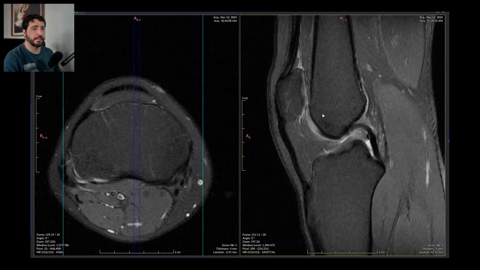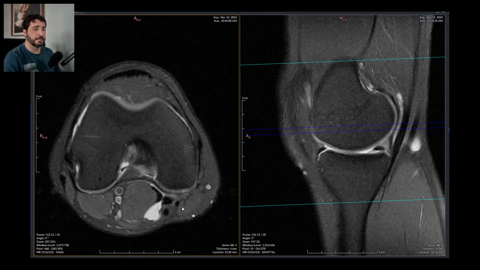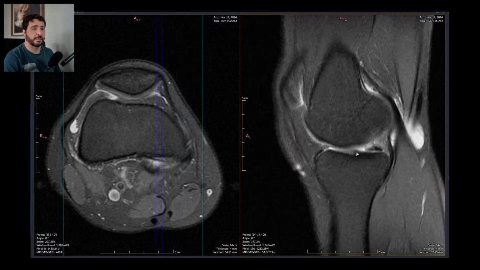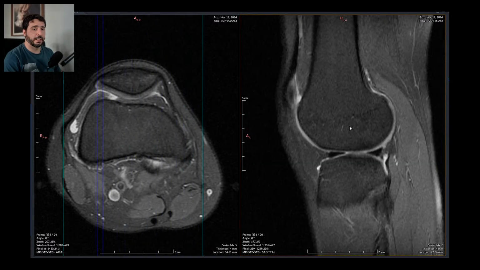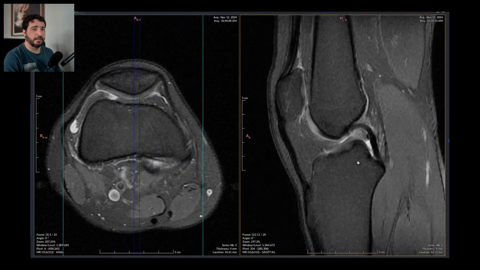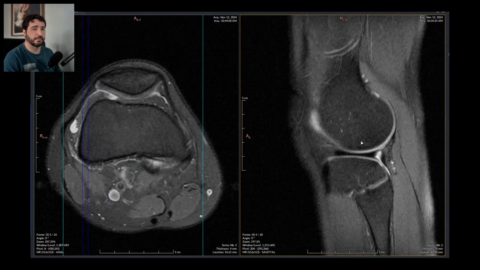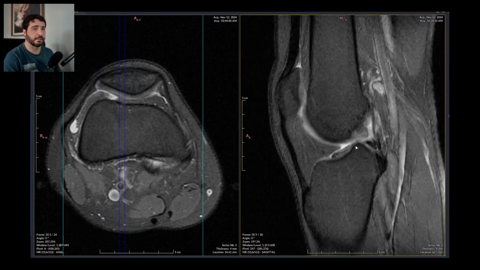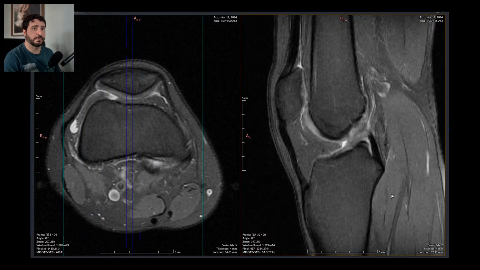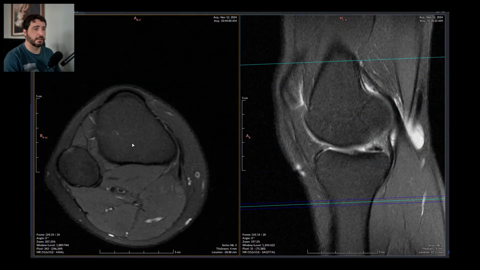I can't really say there is bone contusions nor major signs of soft tissue edema. So I can say this patient has a chronic lesion. It has been through some time of post-rupture treatment, maybe some physical therapy and icing this knee, so it's really not swelling at all.